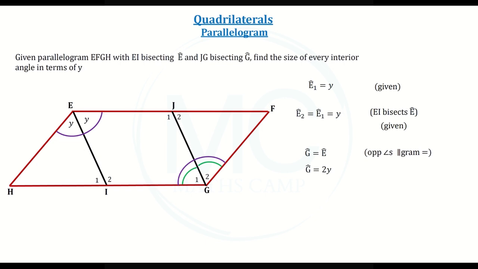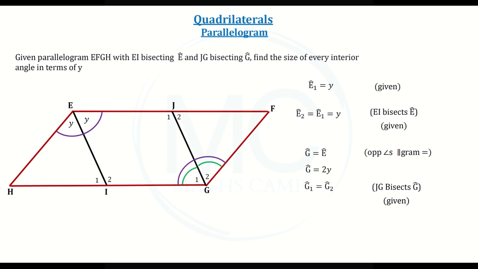We also know that angle G1 is equal to angle G2. And this is because JG bisects angle G. And we know that this is true because this information has been given to us in the question.